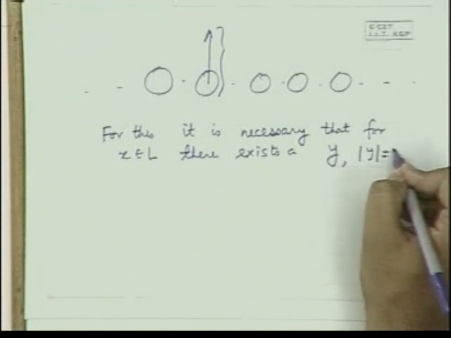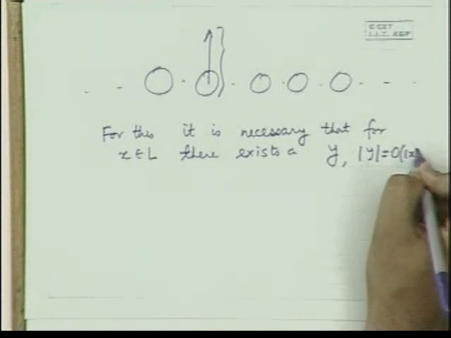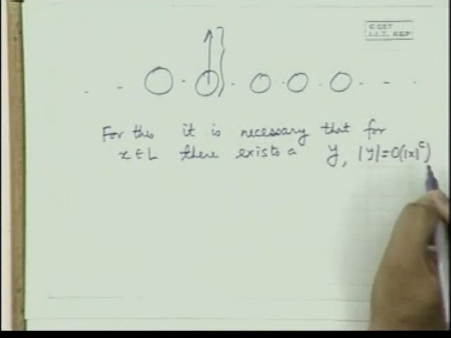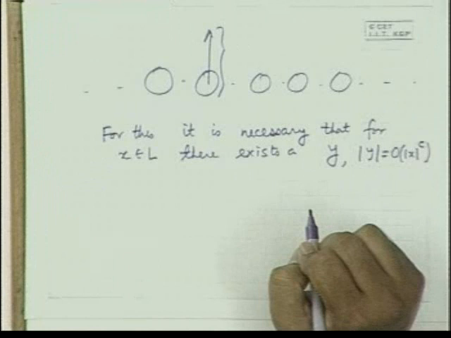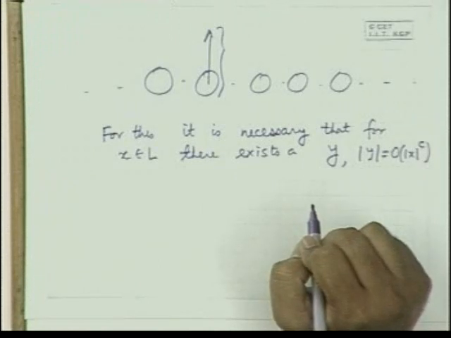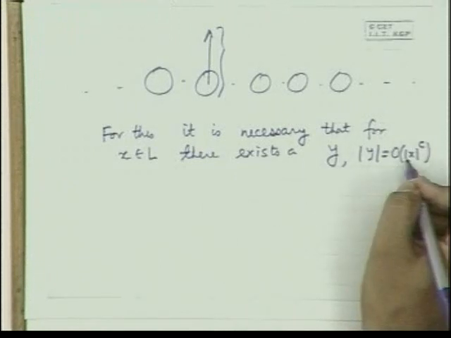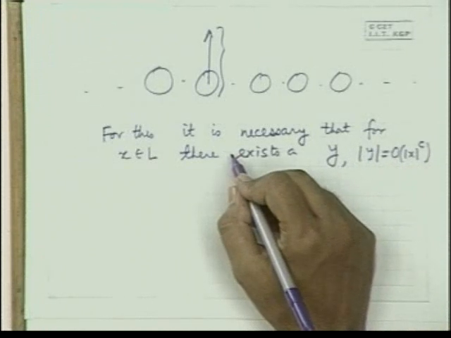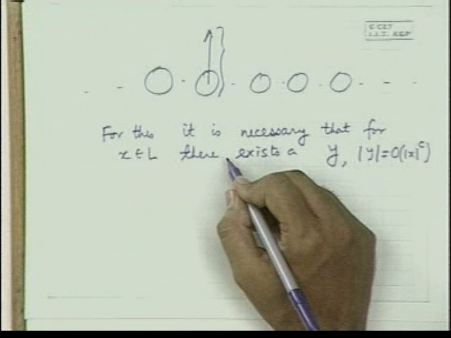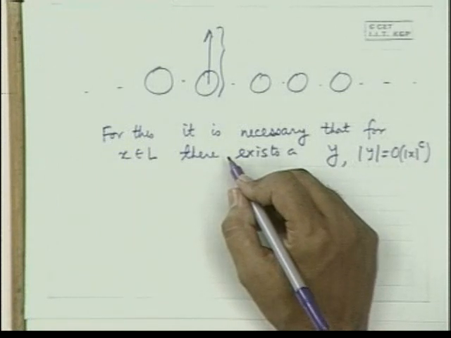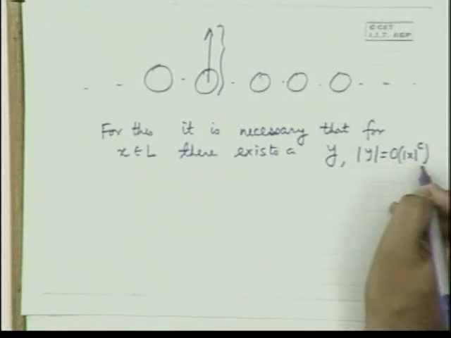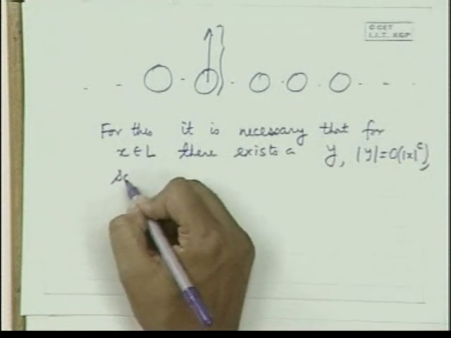So the length of y is O(|x|^c) for some constant c. The certificate cannot be of arbitrary length. It has to be polynomial in terms of x, because x is your input size. If y is already not polynomial in terms of x, your algorithm cannot also be polynomial in terms of x. So this is one condition.